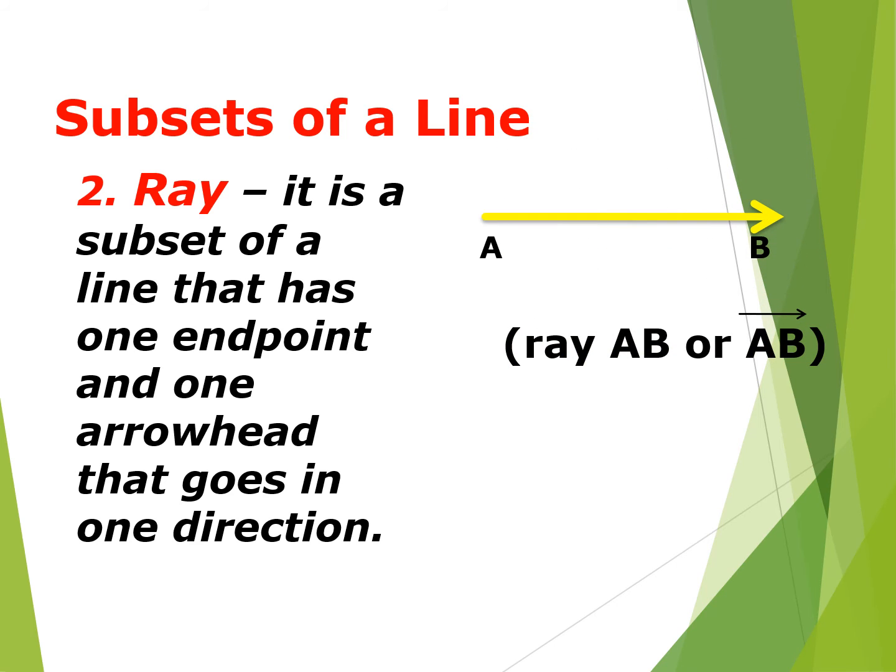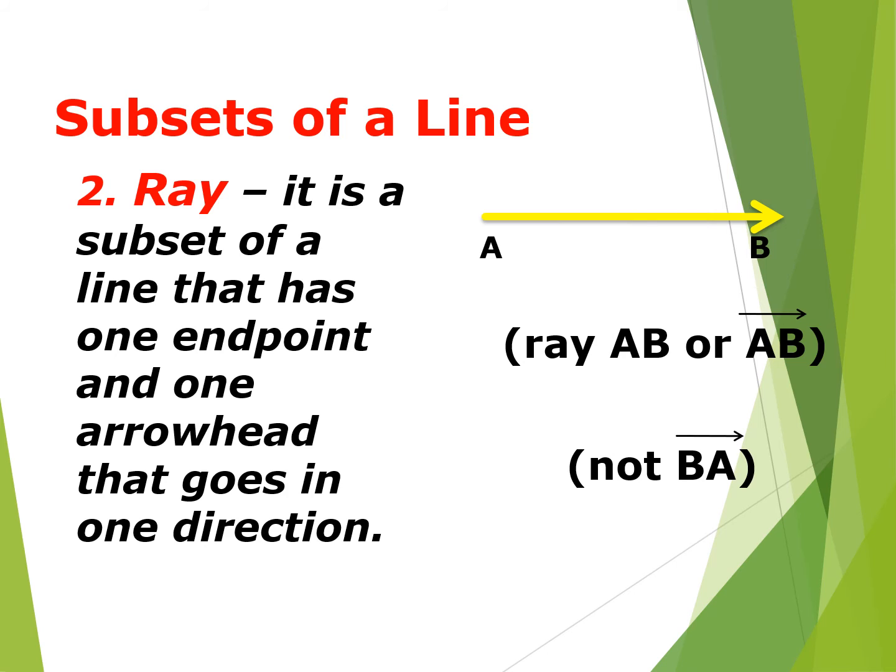So ray AB. If we have a symbol for a line with two arrowheads, for the ray we only have one arrowhead. So not BA.